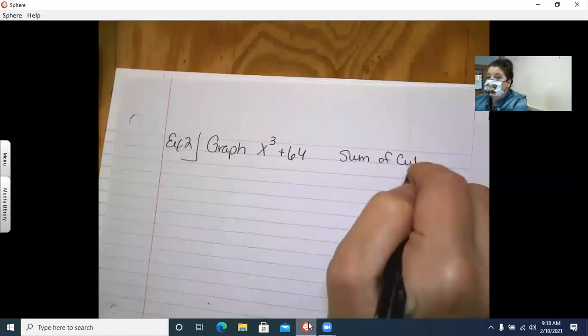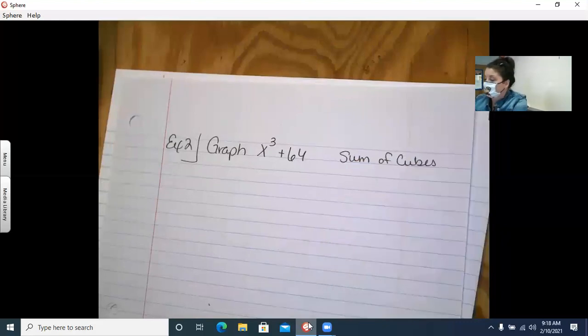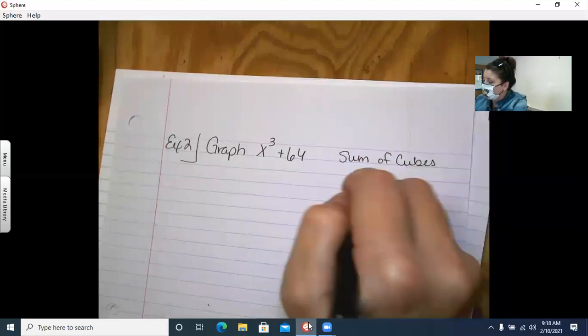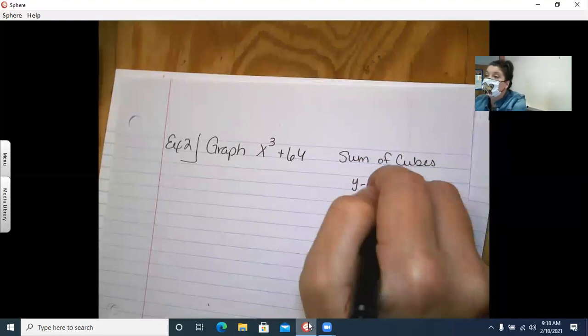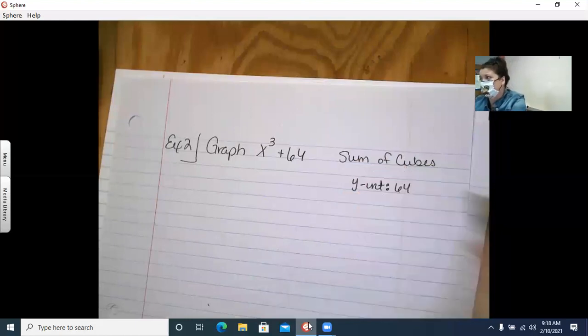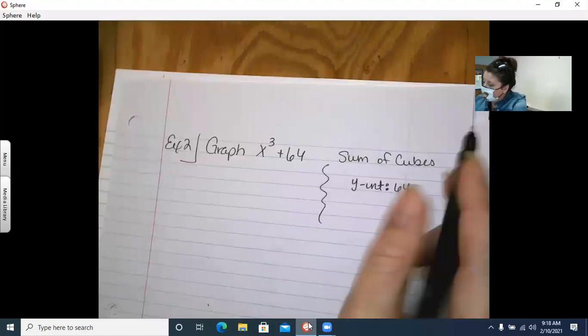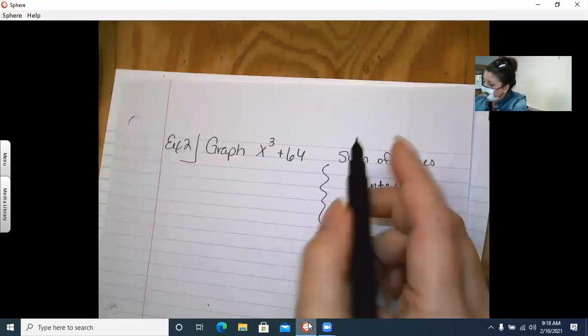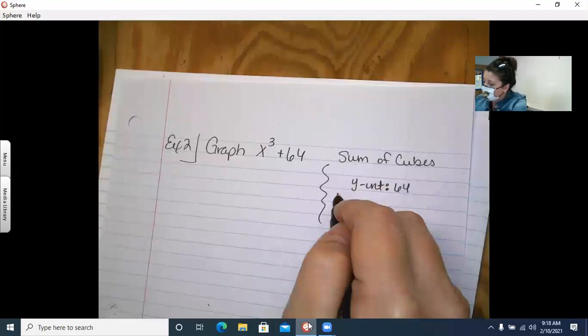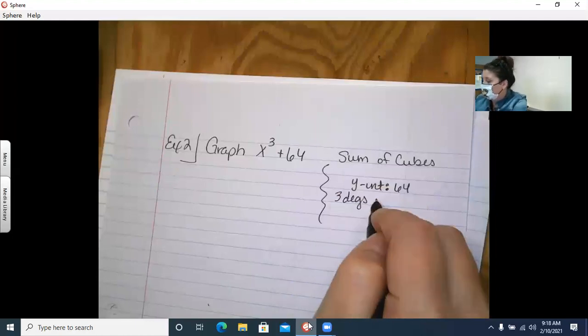Sum of cubes. So first of all, before I start factoring it, what is my y-intercept going to be? 64. We're probably not going to graph that because that's going to be way on up there. Okay. How many degrees do I have? 3 degrees. So how many roots or solutions or zeros am I going to have? 3.